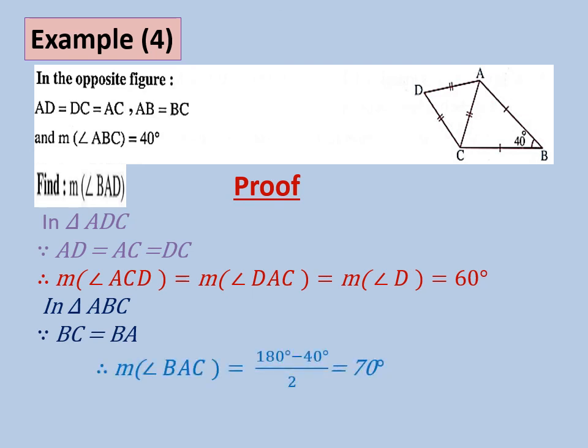Then the base angles will be equal. So measure angle BAC will be 70 degrees. The measure of angle BAD, which is required, consists of the measure of two angles. One of them is 70 and the other is 60. So the measure of angle DAB will be 130.